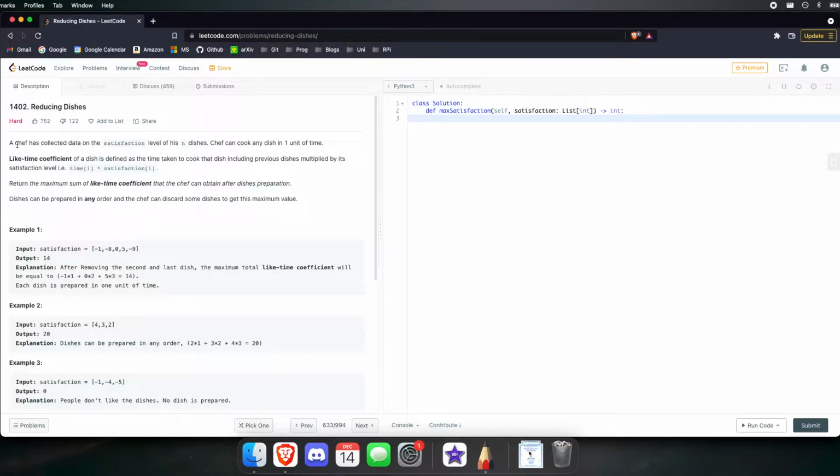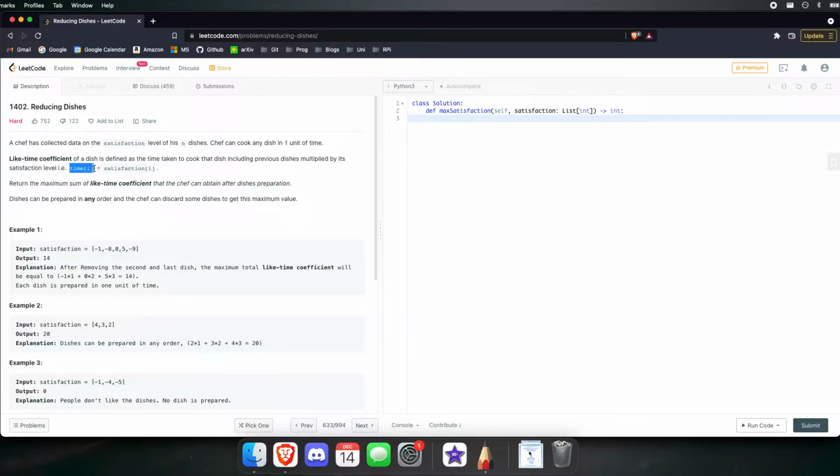A chef has collected data on the satisfaction level of his N dishes. The chef can cook any dish in 1 unit of time. Like time coefficient of a dish is defined as the time taken to cook that dish, including previous dishes, multiplied by its satisfaction level.